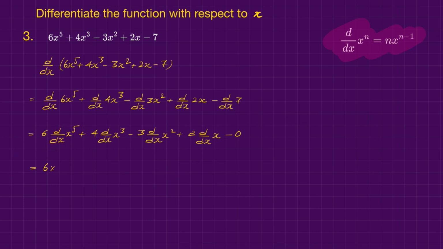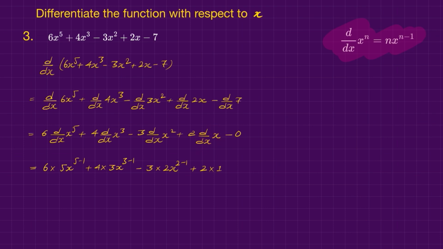And this will be equal to 6 into, now d/dx of x to the power 5 is in the form of d/dx of x to the power n, and the formula for d/dx of x to the power n is n x to the power n minus 1, so it will be 5x to the power 5 minus 1 plus 4 times, similarly d/dx of x cubed will be 3x to the power 3 minus 1 minus 3 times 2x to the power 2 minus 1 plus 2 into, as you know that d/dx of x is simply 1, so I will write 1.